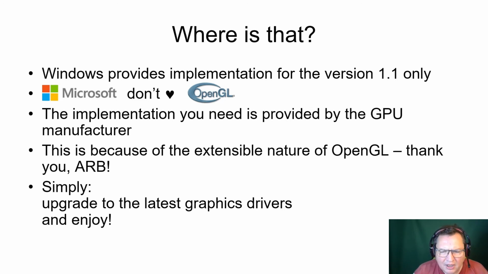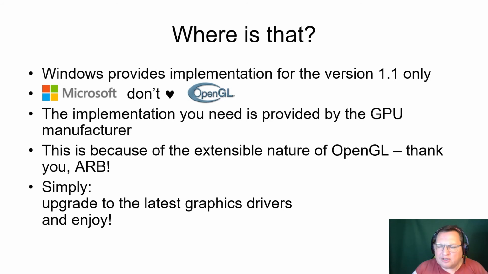This architecture luckily started in version 1.1, so Windows abandoned OpenGL at a very crucial moment, the moment when OpenGL started to support extensions. Therefore, when you install Windows, you get OpenGL version 1.1.